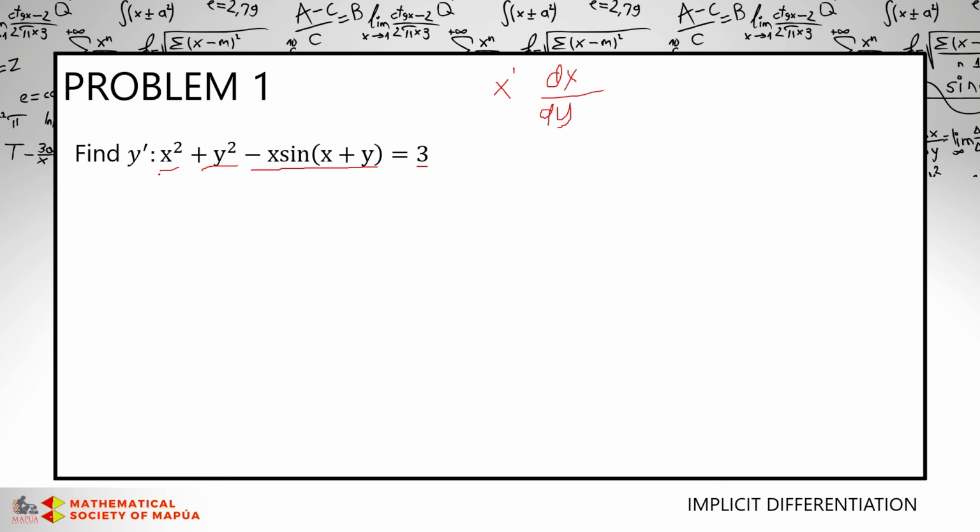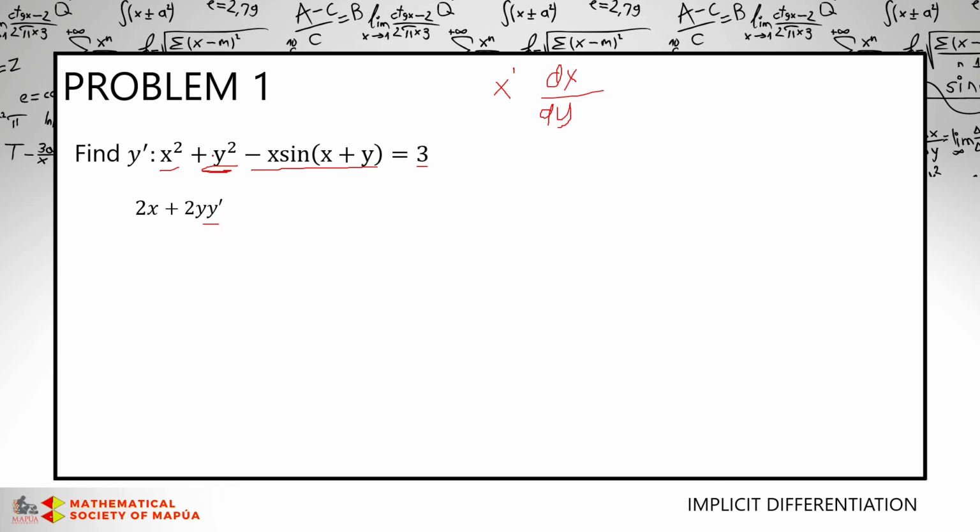So let's proceed with the first term, x squared. Of course, ang derivative niya is 2x. And ang y squared, ang derivative niya is 2y y prime. Okay, again, katulad ng sinabi ko, every time na nagdi-differentiate ka ng y, may y prime. So basically, same lang din siya ng rule, di ba? Yung x squared naging 2x, yung y squared naging 2y, pero may y prime laging kasama yan.